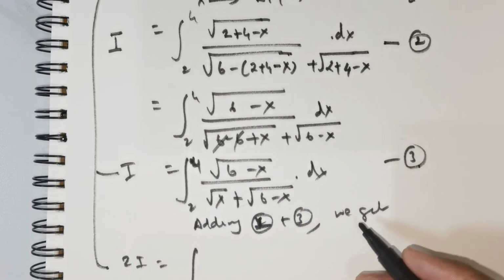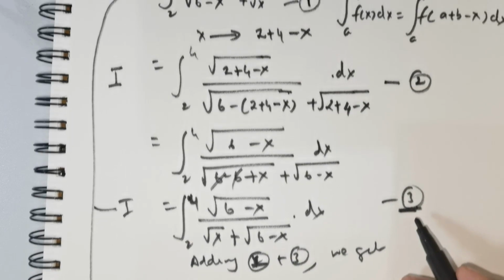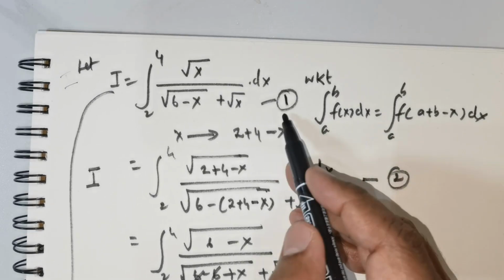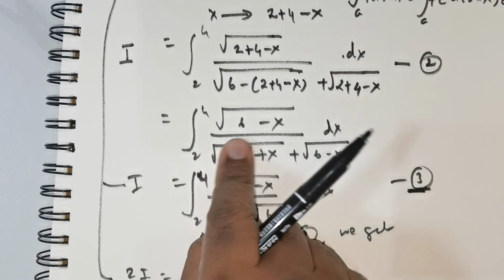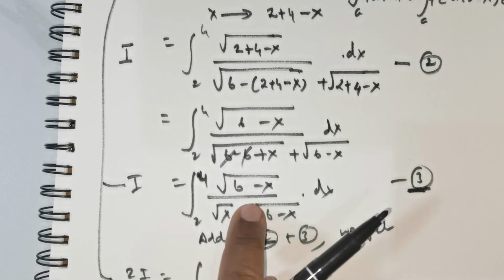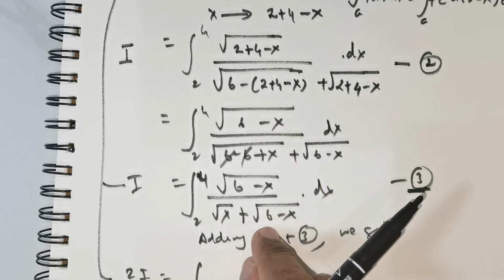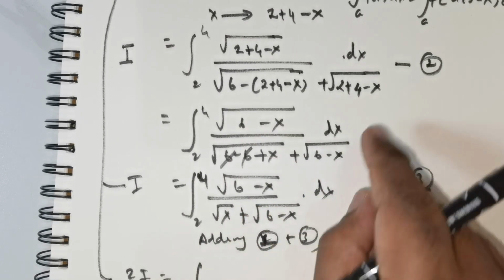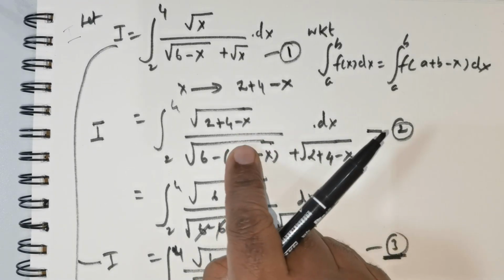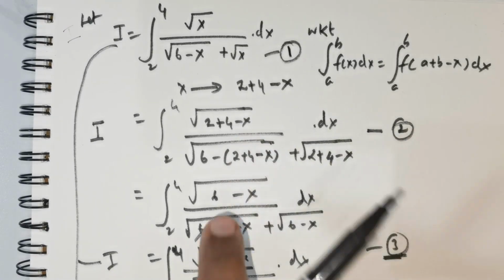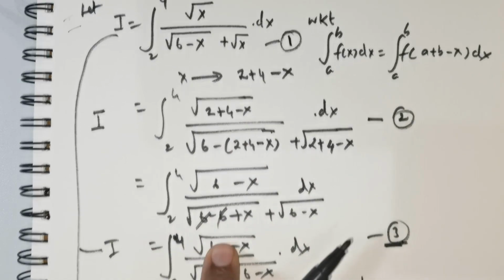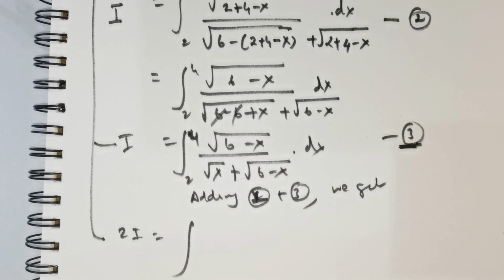I hope I'm making it clear. This is the equation which would be added with this, because this is nothing but the simplified form of this one. So there's no point in adding 2.